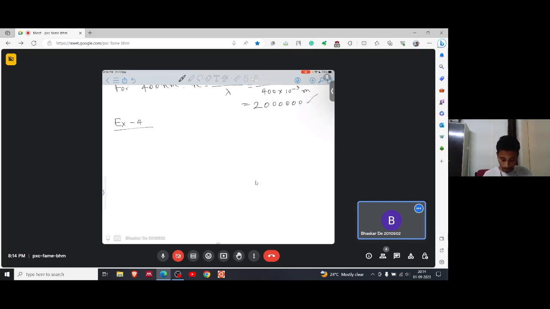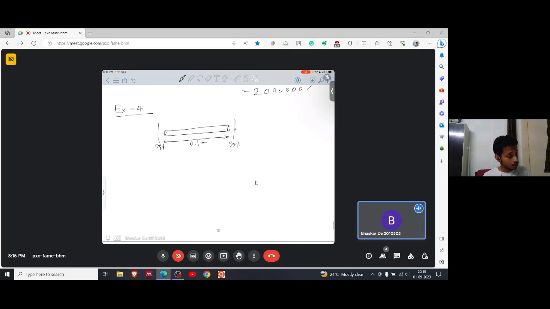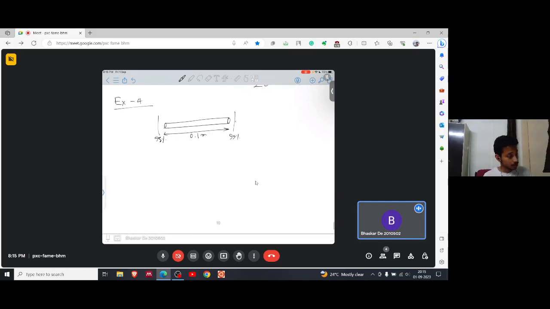So this is a rod, then there is this mirror, 99%, 95%, and this has a length 0.1 meter. So determine the longitudinal mode spacing. How many modes could be operating if the gain bandwidth is a Lorentzian shape with a FWHM of 0.45 nanometer?